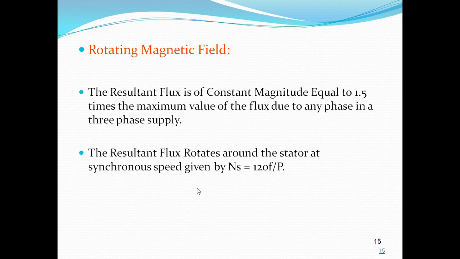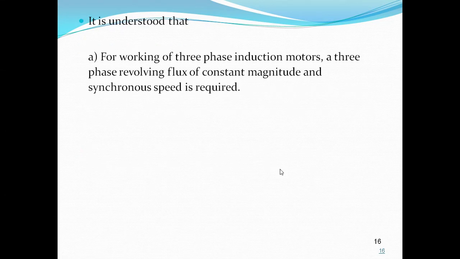So that is Ns = 120f/P, where f is the frequency and P is the number of poles.